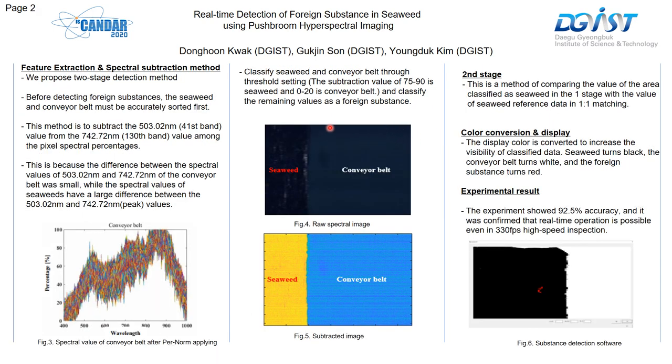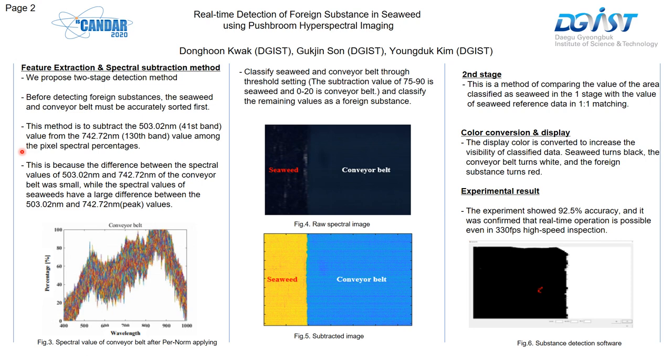Before detecting foreign substances, I think the seaweed and conveyor belt must be accurately sorted first, and you can see the spectral value of the conveyor belt after per norm applying in figure 3. This method is to subtract the 503 nanometer value from the 742 nanometer value among the pixel spectral percentages.